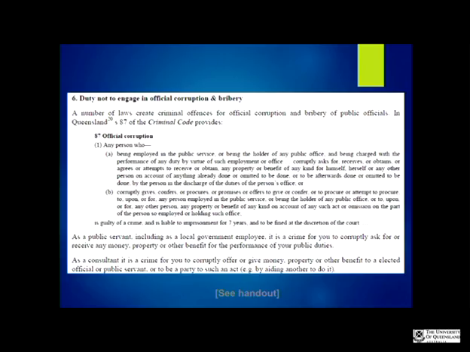So, for example, if you are asked to go and talk to the City Council about getting a better outcome for your development application in return for some sort of benefit, it doesn't have to be financial. It could be the offer to help their nephew go to college. It can be an offer of future employment, whatever it may be.